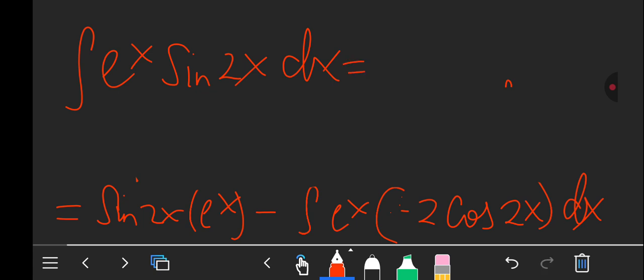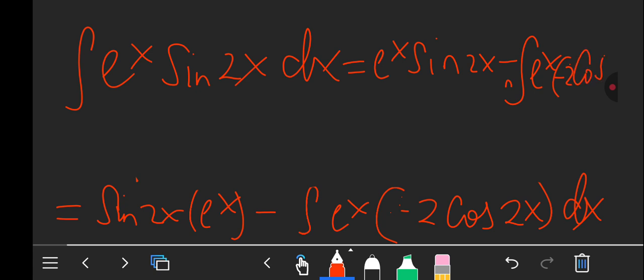So I've gotten e to the power x sine 2x minus integral of e to the power x times 2 cos 2x dx. So I'll need to integrate this again using integration by parts.